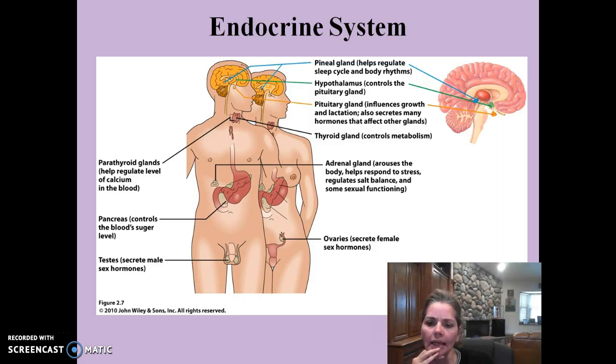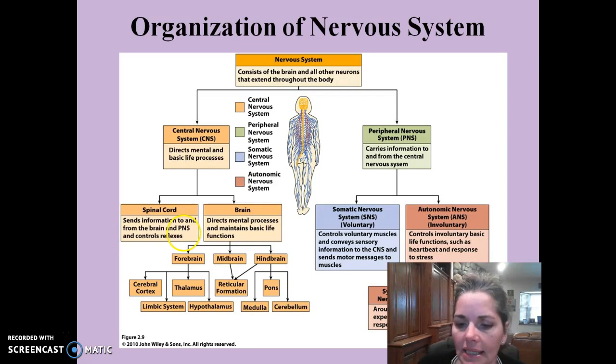The pituitary gland, once puberty is triggered, will activate the adrenal gland, which then will activate the gonads, our ovaries and our testes, and that's going to influence the development of sex hormones and primary and secondary sexual characteristics. So those are the main general functions of our endocrine system.